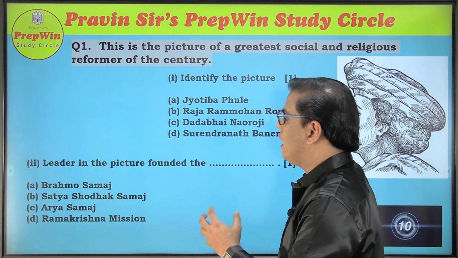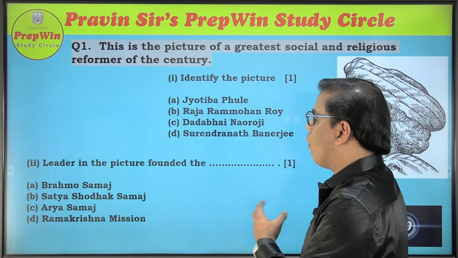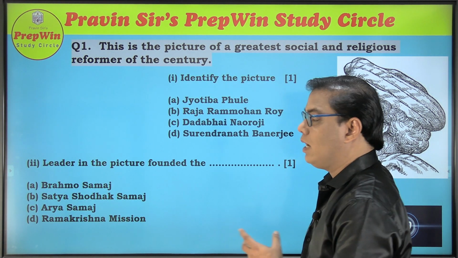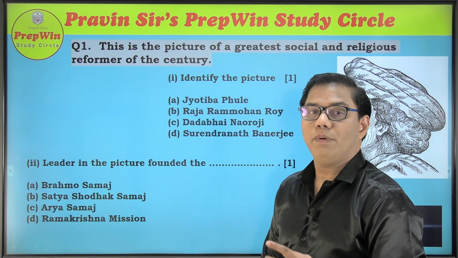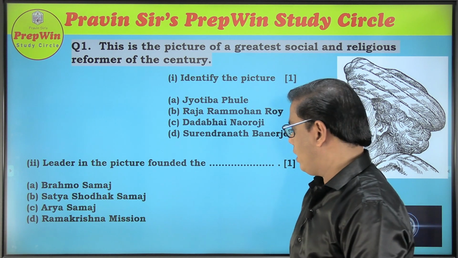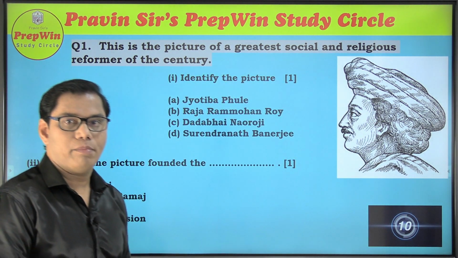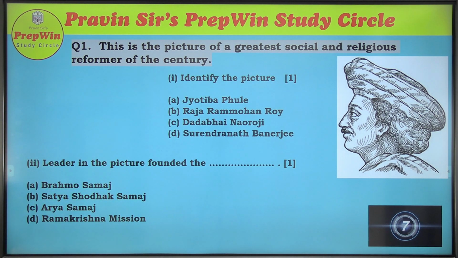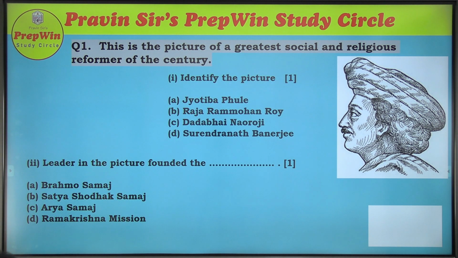And next question is, leader in this picture founded what? Brahmo Samaj, Satya Shodhak Samaj, Arya Samaj, Ram Krishna Mission. Please pick your answer and be ready with it. I am starting a timer now. 6, 5, and that's it. Time up.